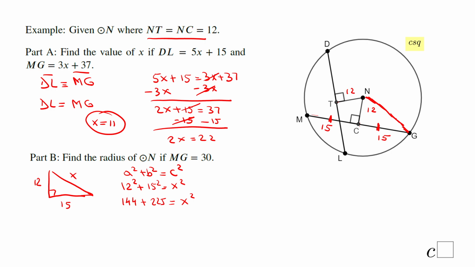225 plus 144 is 369. So x will be the square root of this number, which is 19.2.